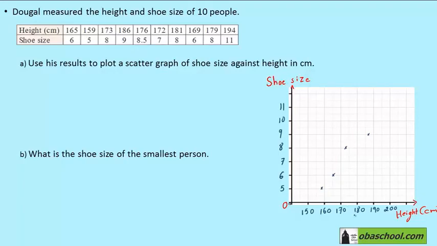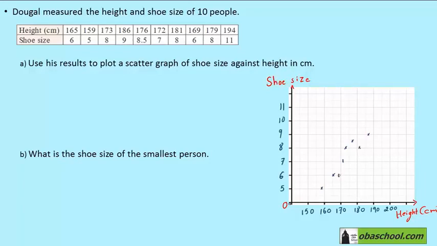The one afterwards had a height of 176 and 8.5 as a shoe size. After that, we had 172 centimeters as height and 7 as a shoe size. Following that, we had a person of 181 centimeters and 8.5.